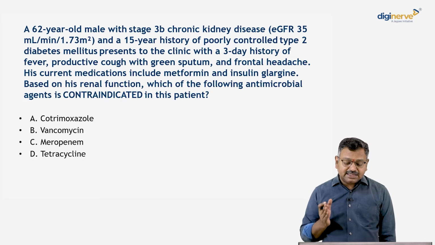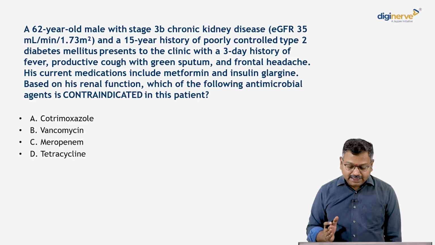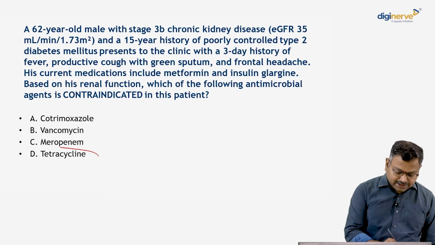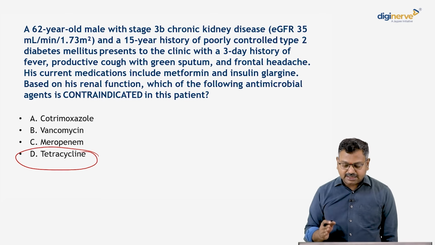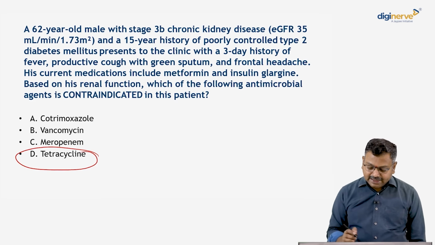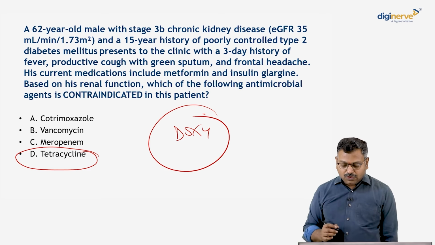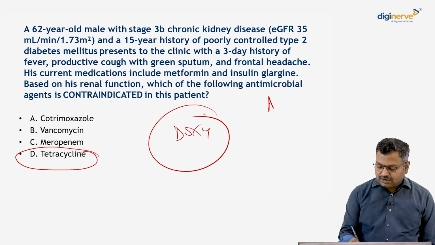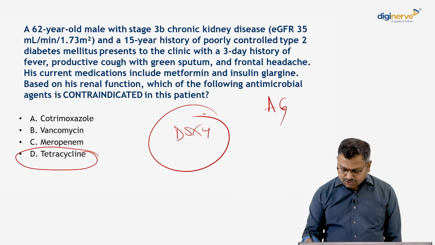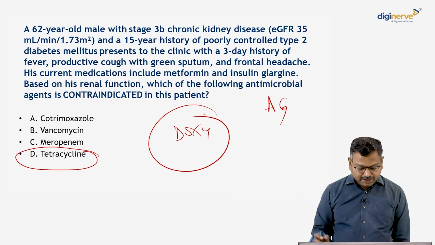Now, whenever the eGFR is low, tetracyclines are contraindicated. Please remember this. The exception is doxycycline, so you can use doxycycline. Drugs which are absolutely contraindicated are aminoglycosides. You should not be using them at all.